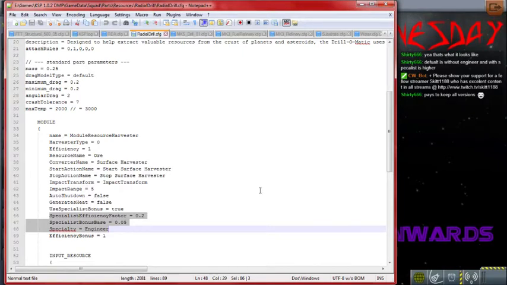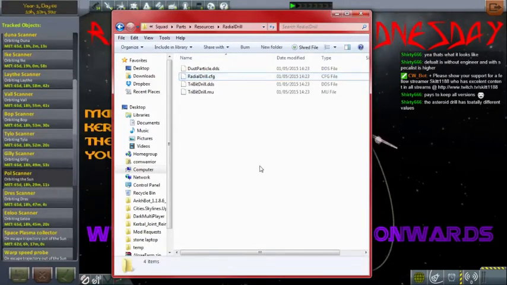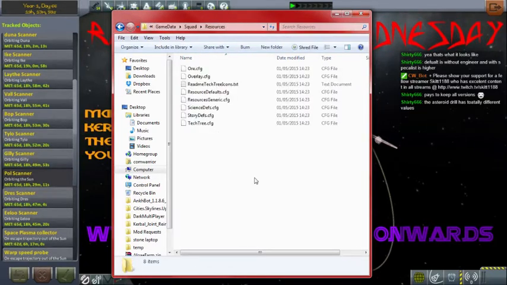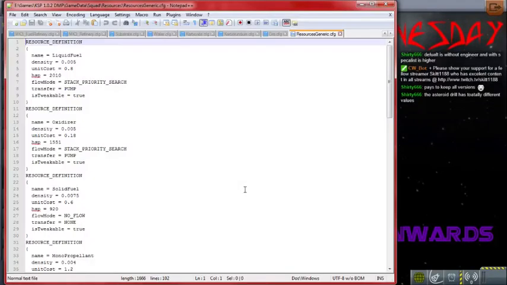So, what else do we have in the squad configs to do with resources? So if we go in the resources generic config file, yep, it definitely does, Shirty.